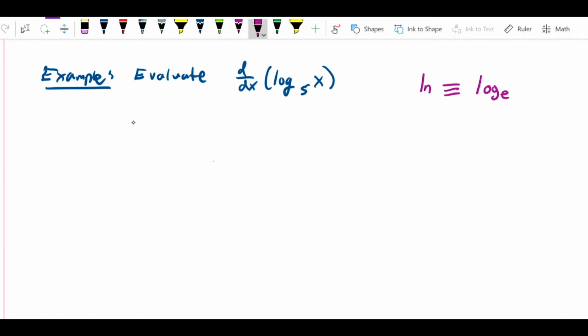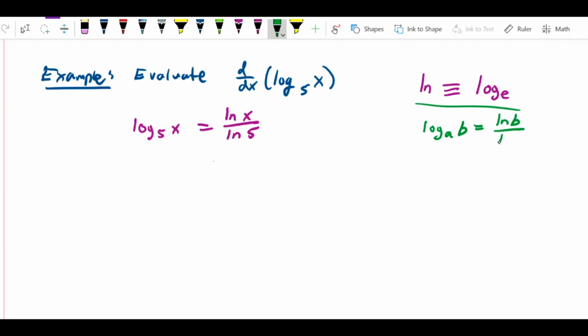Note that log base 5 of x by the change of base formula is equal to ln x over ln 5. If you want to recall what the change of base formula was, it said that log base a of b is equal to ln b over ln a.